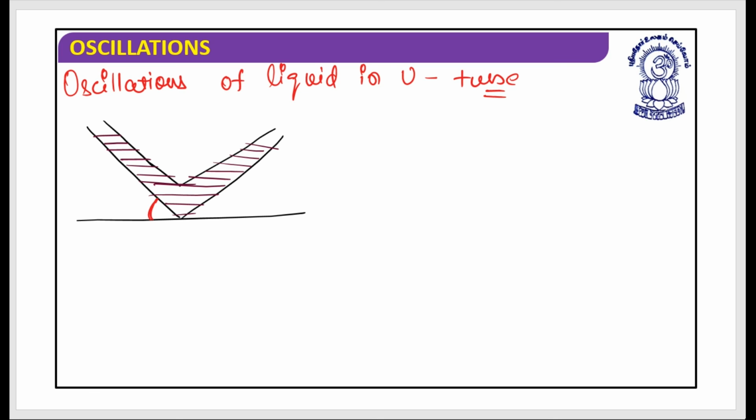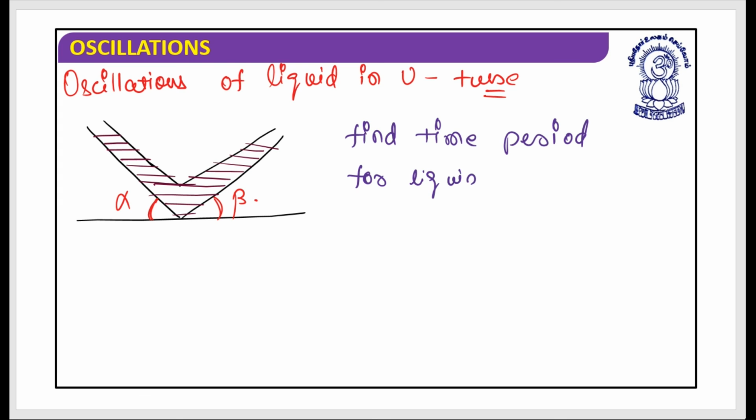This is the angle alpha, this is the angle beta. Suppose you have been asked to find the time period for liquid that oscillates in a U-shaped tube.